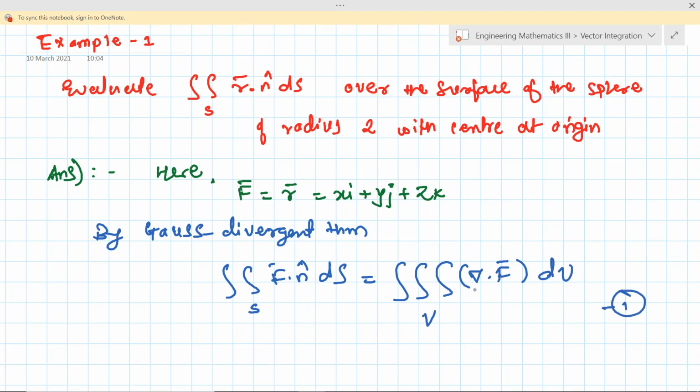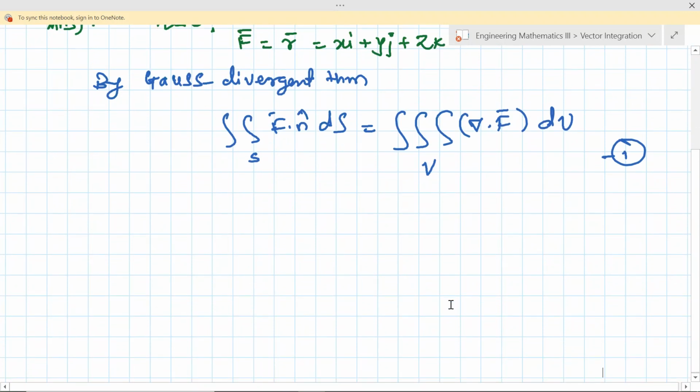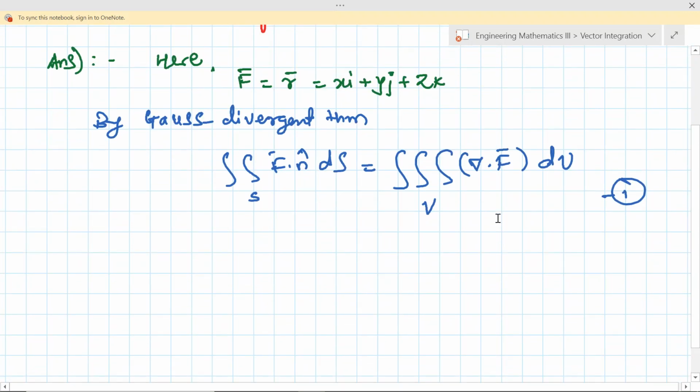Either you find the surface integral or you can find the volume integral; the values are the same. What is simple here is to find the volume integral. Though it is a triple integral, it is very simple, trust me.